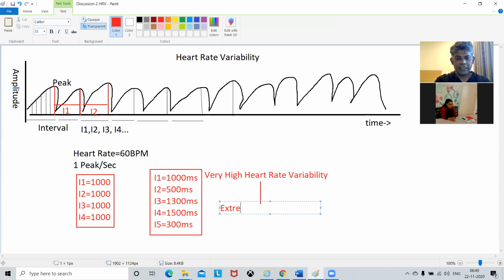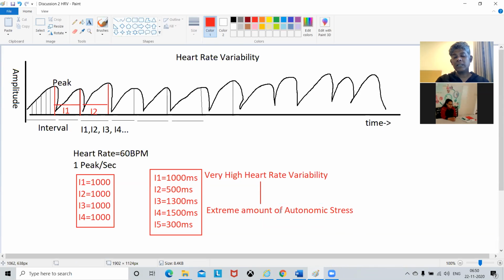There is an extreme amount of autonomic stress, and the autonomic system is not capable of coming back to equilibrium or the homeostasis.